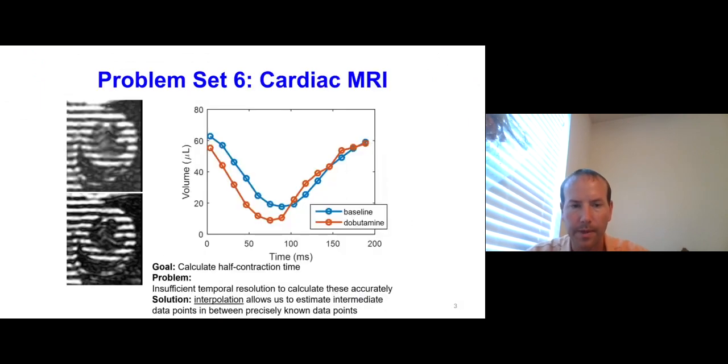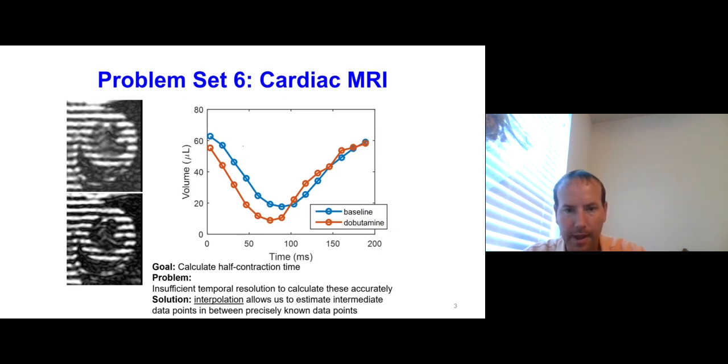And what we're going to be doing is looking at this particular data set, which is measuring the volume of the heart as it contracts. It starts large and then contracts down to a smaller volume at what's called systole, and then rests, and as the heart relaxes, it goes back to a larger volume.